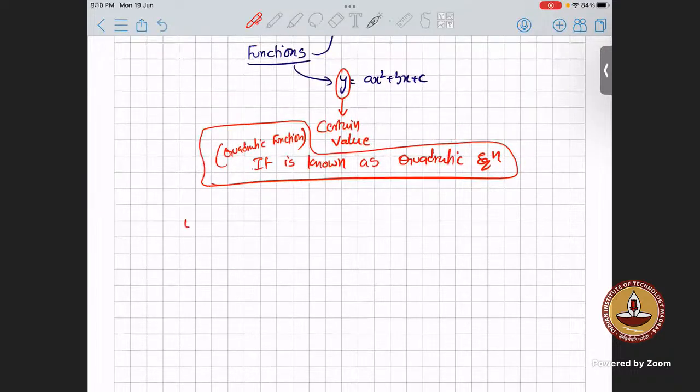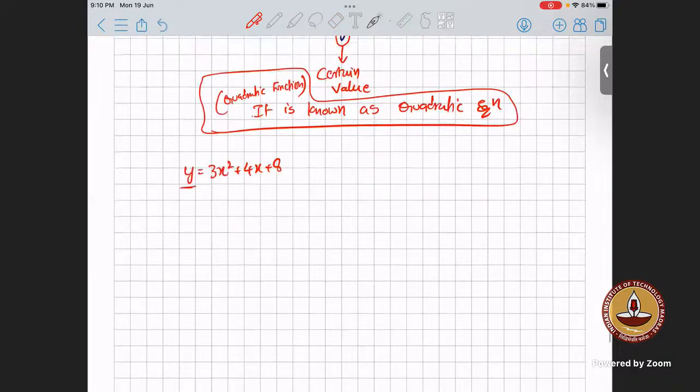y equals 3x square plus 4x plus 8. Let us suppose this becomes 6. So 6 equals 3x square plus 4x plus 8. Then 3x square plus 4x plus 2 equals 0.